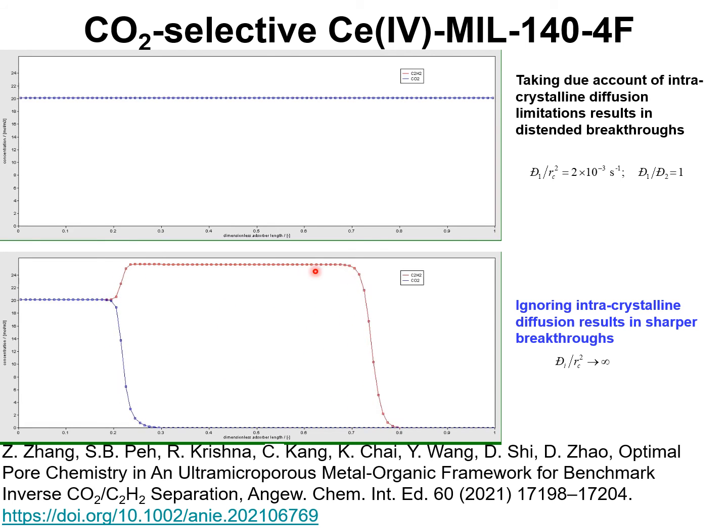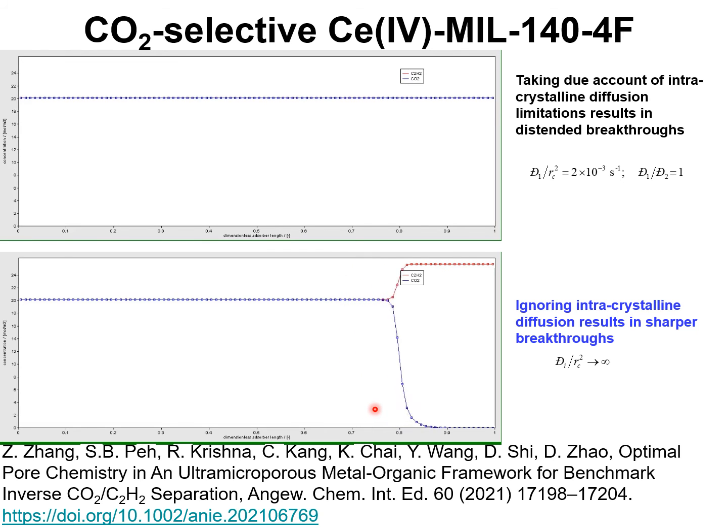This is the front of C2H2 as it traverses the fixed bed and exits the column, and CO2 that is more strongly adsorbed is leaving the column at a much later stage, leading to good separation.